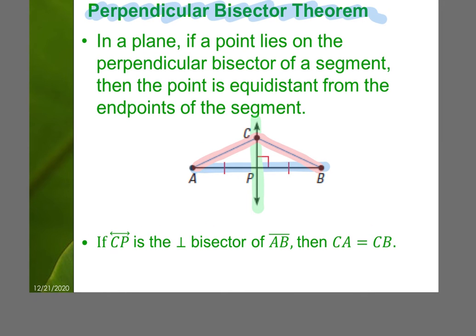So if I put a point on the other side, like let's say I just plotted a point over here, and I call it M, M would also be equidistant from B and A. So AM and MB would also be congruent because M lies on the perpendicular bisector of the segment. So any point from there is going to be equidistant from the endpoints.